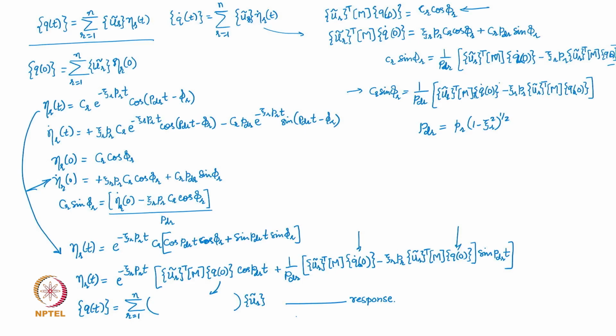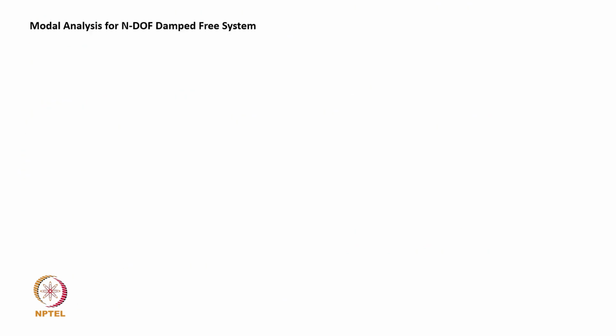So this is a more generic expression, and then you can find out the response. Once this is properly put in place, it really does not matter whether your number of degrees of freedom is 5, 10, 100, 1000, 10,000, 1 lakh, whatever. It simply boils down to matrix multiplication. That's it.